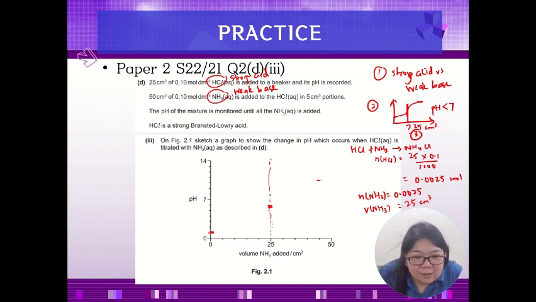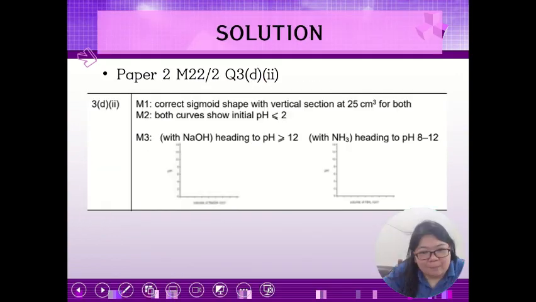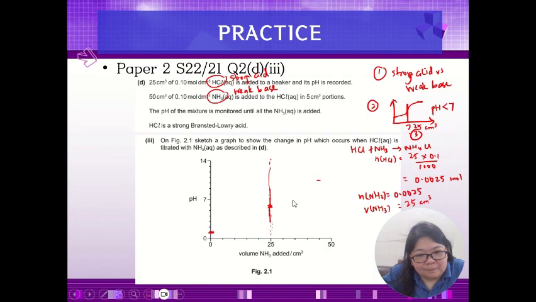Okay, so let's start drawing the vertical region first. So the middle point is here. If I want the graph to be this long, with this middle point, now I have to join everything together to get this sigmoid shape.